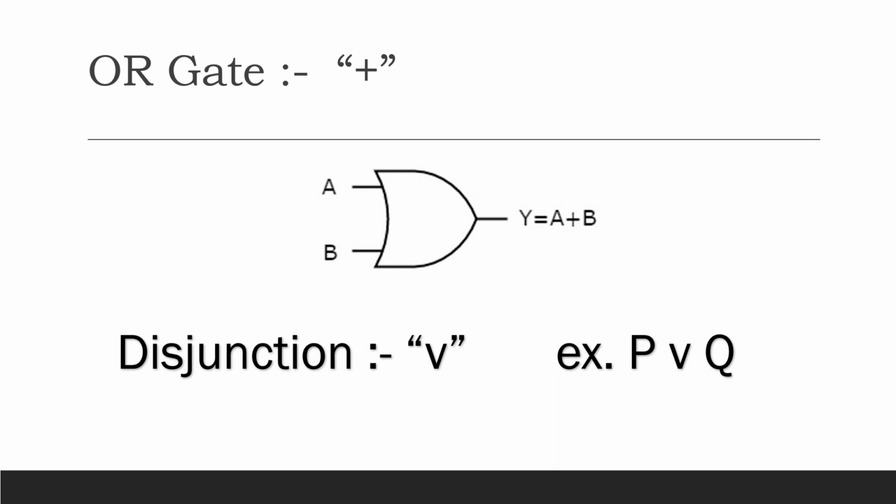For higher secondary level, in mathematical logic we have logical connectives, and among them there is the concept of disjunction. It is denoted by the small letter v, and is also called disjunction. For example, I have given there P disjunction Q. This is how we write a disjunction at higher secondary level.